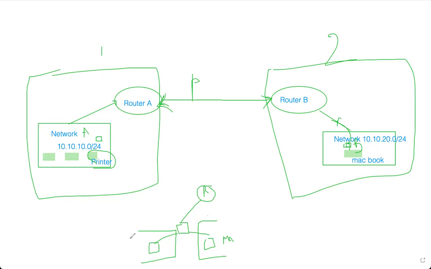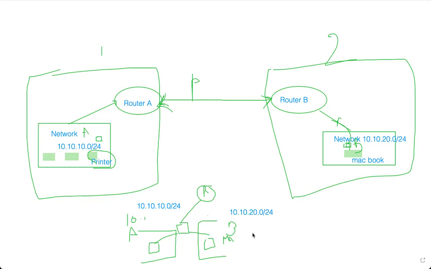Let's say this is network A, and this is network B. Can they communicate directly? Let's write it down. This is 10.10.10.0/24, and this is 10.10.20.0/24.